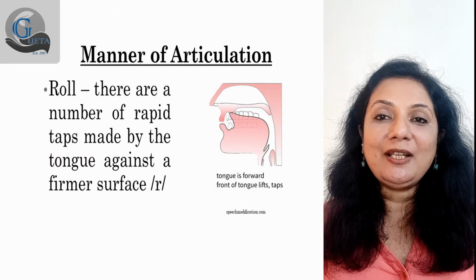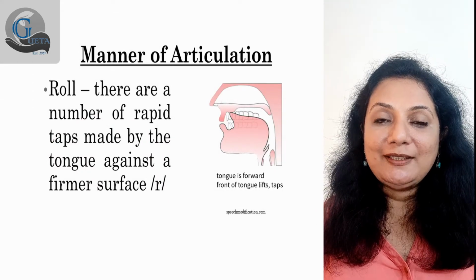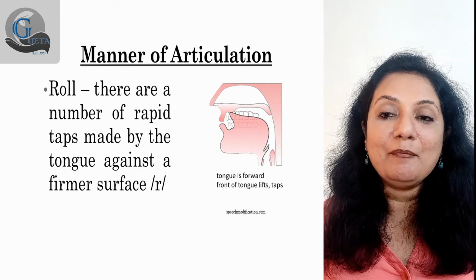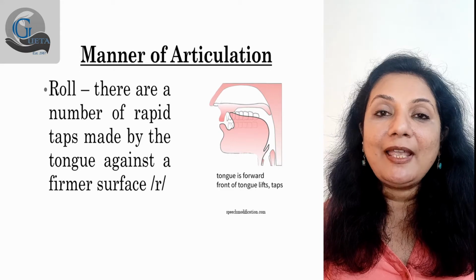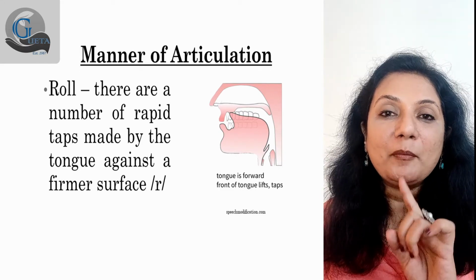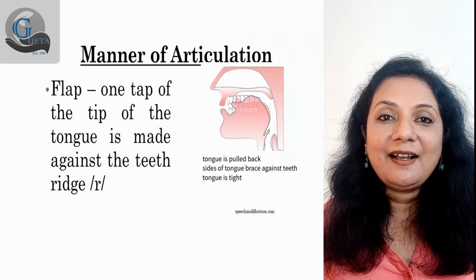Then the next sound is known as roll. In roll, there are a number of rapid taps made by the tongue against the roof of the mouth or some firmer surface in the mouth. As in the sound r, r. That is called roll. Then flap.